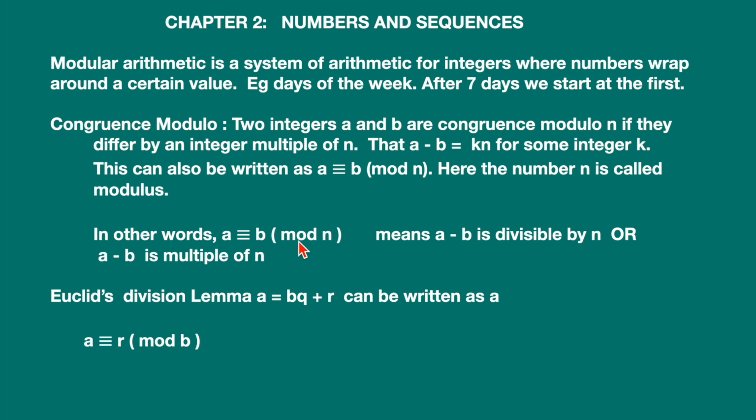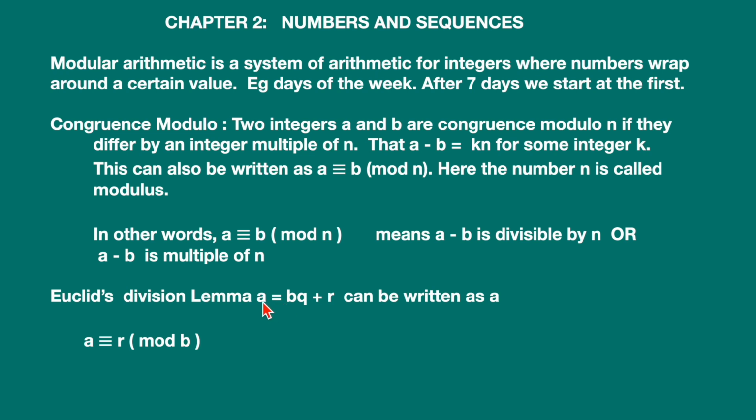Okay. Now we will correlate this idea with Euclid's division lemma. We studied Euclid's division lemma in the first exercise and all. You know that a is equal to bq plus r. That means a is the dividend, b is the divisor, q is the quotient, r is the remainder, is it not, in Euclid's division lemma?